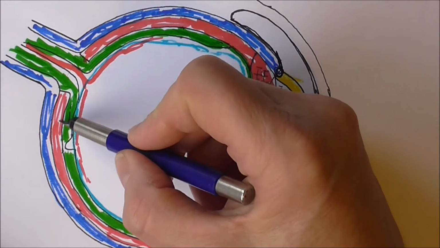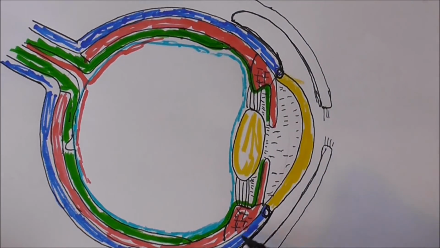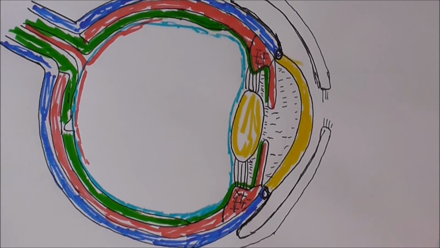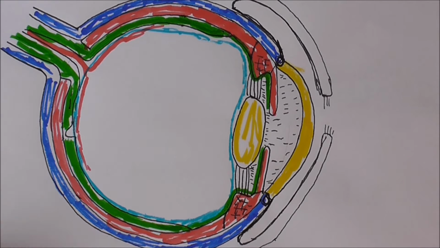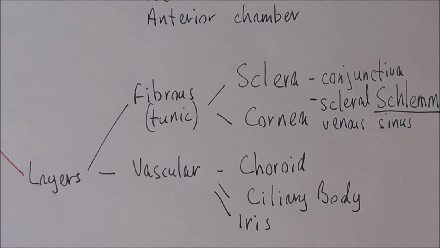So here we have this layer. This is the choroid around here. But it's continuous with the ciliary body, which is continuous with the iris. So it's all one vascular layer in red on this original diagram that hopefully you've built up already.